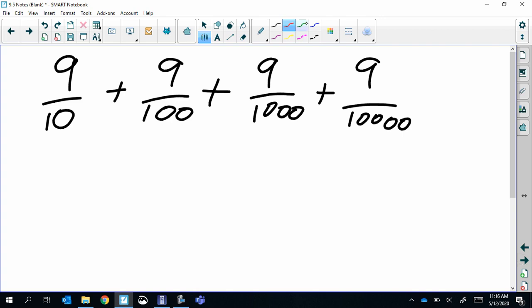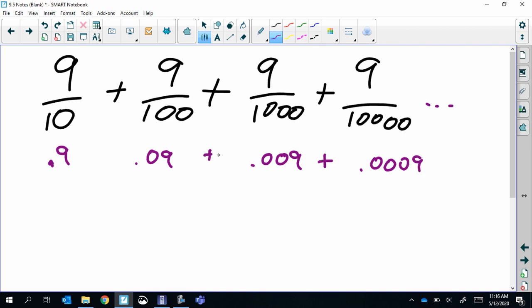All right, this one's on here kind of just for fun, because I think it's super interesting. Same thing, 9/10 would be 0.9, 0.09, 0.009, and then so on. So obviously this would turn into 0.9999, repeating forever.